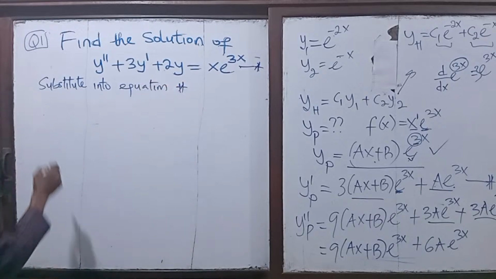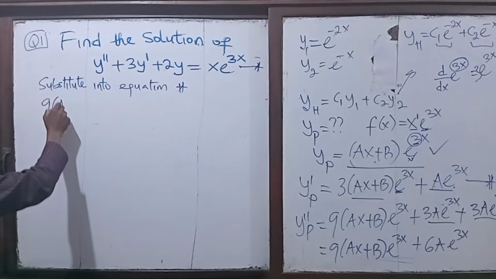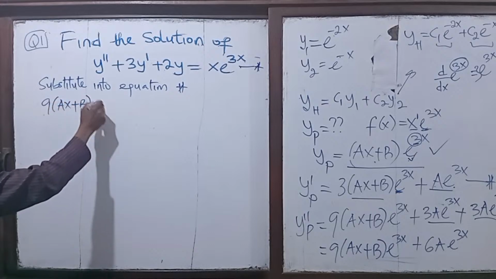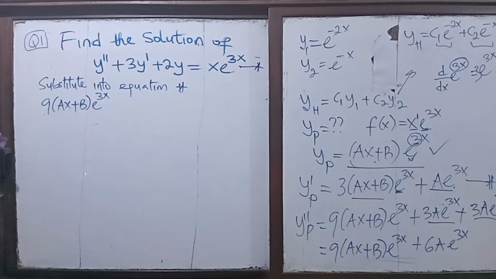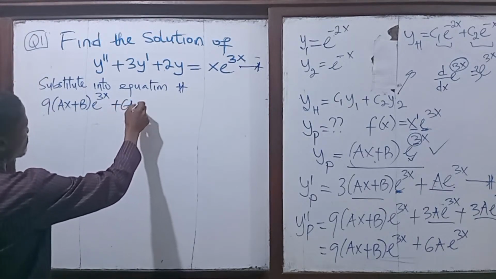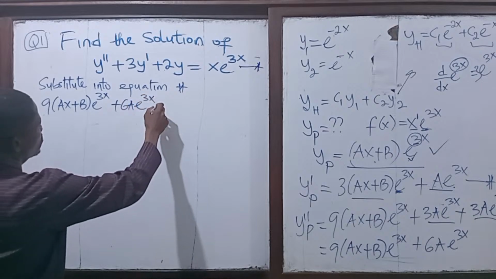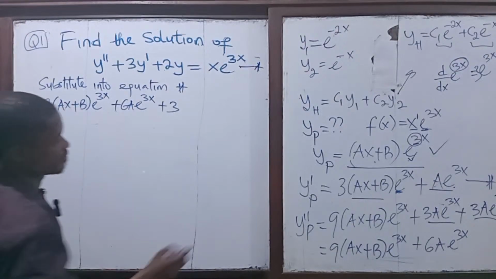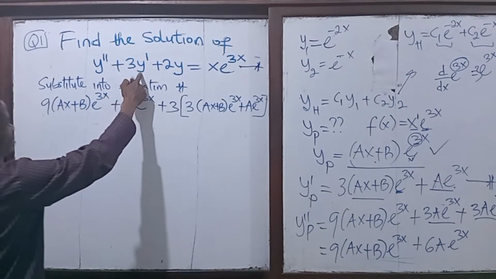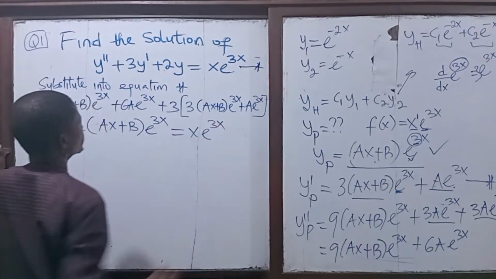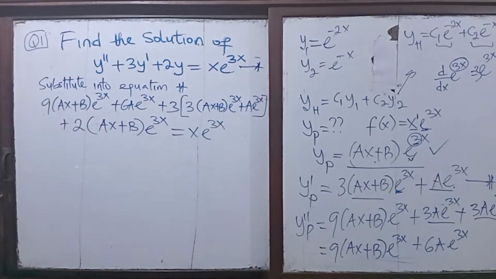So second differential is 9 times (ax plus b) e to power 3x plus 6a e to power 3x, plus 3 times the first differential. My first differential is this one, equal to x e to power 3x. So that's what we have there.